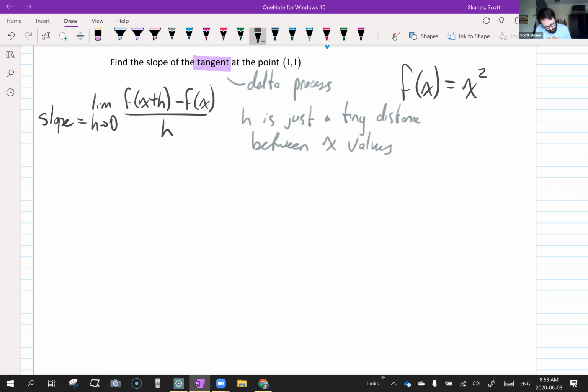So one more step, and then the rest of it will be what we've seen before. This is our last step, probably the most important step. Take your function, x squared, and put x plus h in whenever you see x. So we're going to have x plus h squared minus x squared all over h.